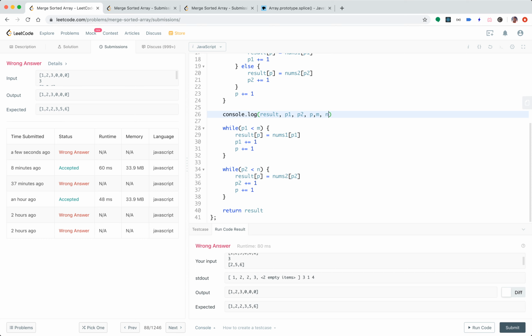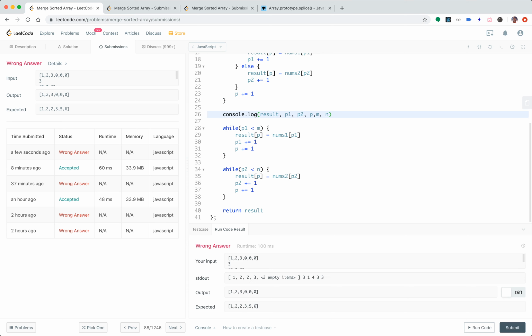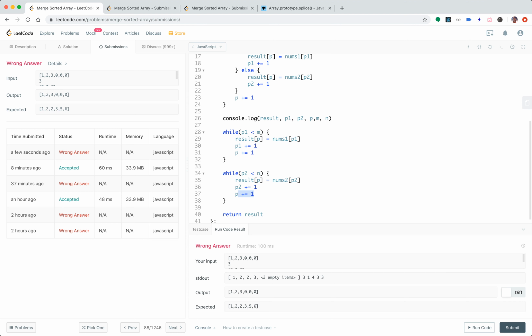And m and 3. So result p4 is equal to nums2 p2.